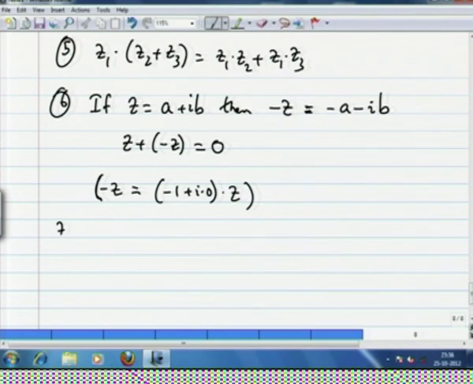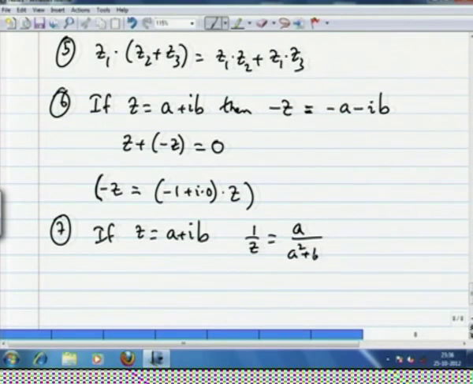And then the 7th one, if z is a plus i b, then 1 by z, well, you want z non-zero, is the complex number a by a squared plus b squared minus i times b by a squared plus b squared.